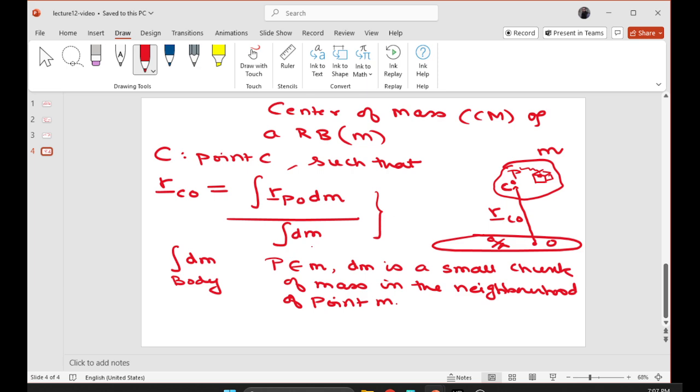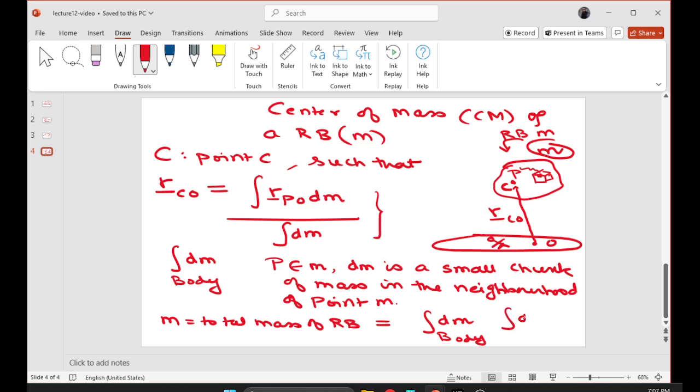Now here note that I am using the symbol M in two ways. Here when I write M, I mean the RB M, the rigid body M, and then I will also use the same symbol M to denote the total mass of RB M. And this total mass is going to be indeed the integral of dm over the whole body.